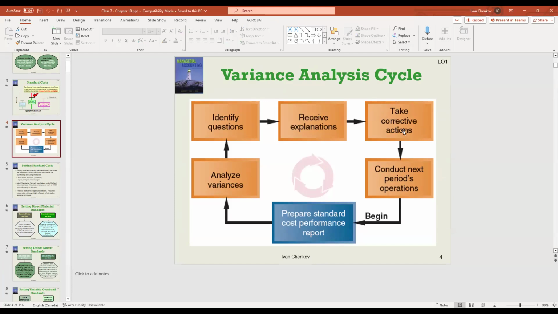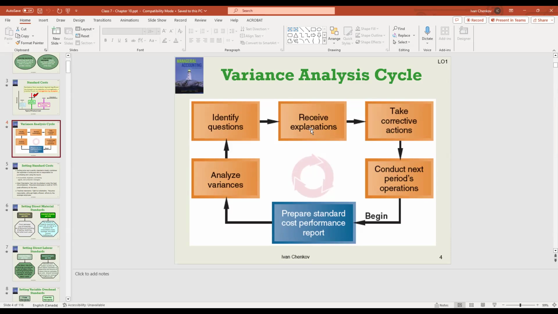We jumped to a conclusion, punished the production manager and rewarded the purchasing manager. What did we miss? What did we skip here? The receiving explanations part. Exactly. We skipped the most important part: identifying the questions and asking for explanation.